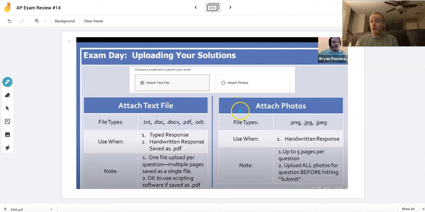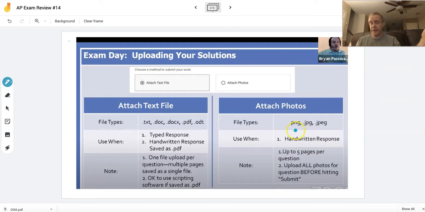I'm assuming you're going to write out your responses first on paper and then take pictures of your work to upload to the College Board site. If you do take photos, you have to take a separate photo for each page of your work, making sure that each photo has one of these three file extensions. Then after you upload each page, you hit the submit button.